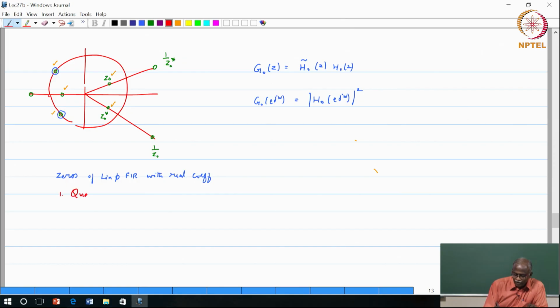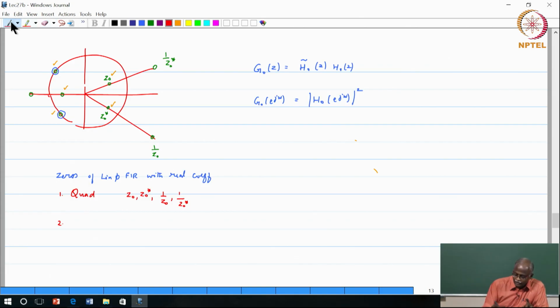They can occur as a quad, that means z0, z0 conjugate, 1 over z0 and 1 over z0 conjugate. They can occur as a conjugate pair on the unit circle.